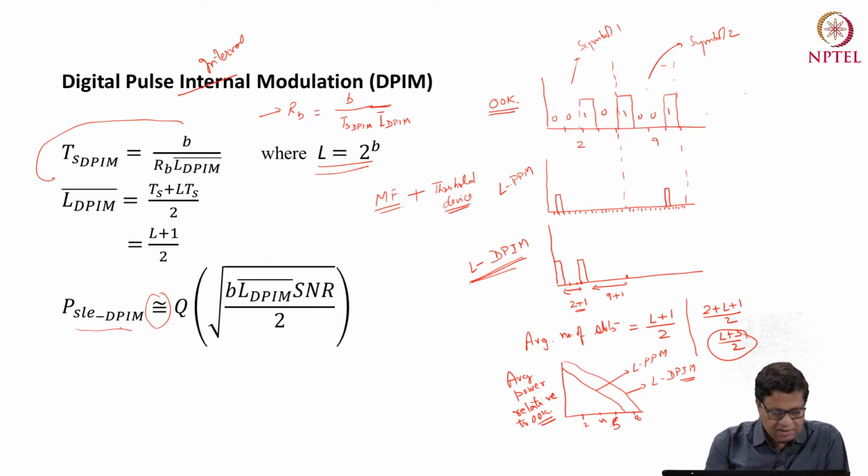Now we have seen the transmission rate has increased for DPIM, but at the cost of poor power efficiency. So depending upon the situation and the application, one can select this modulation scheme also for optical wireless communication systems.